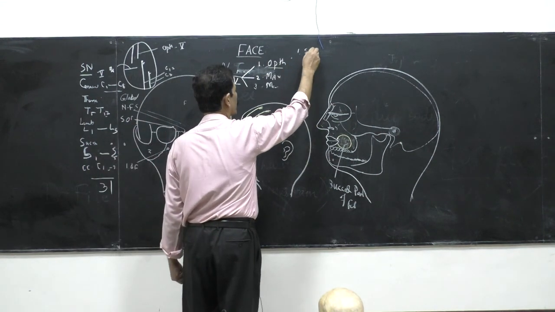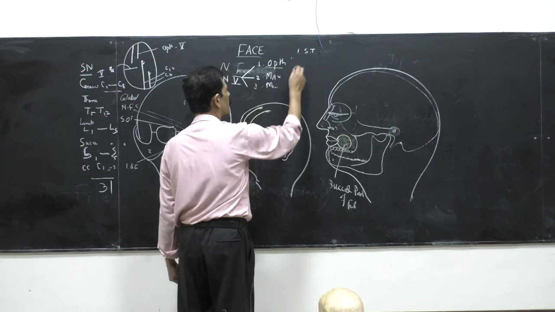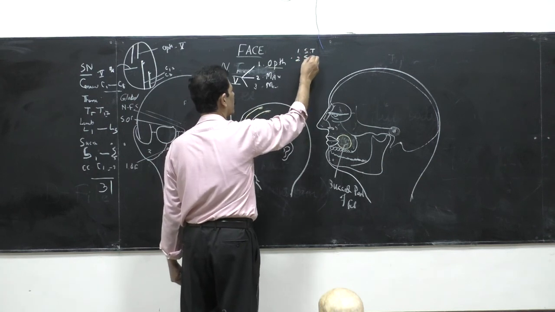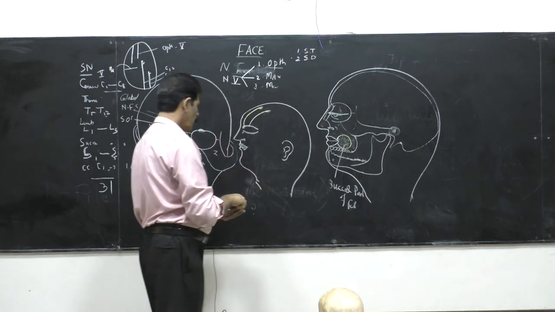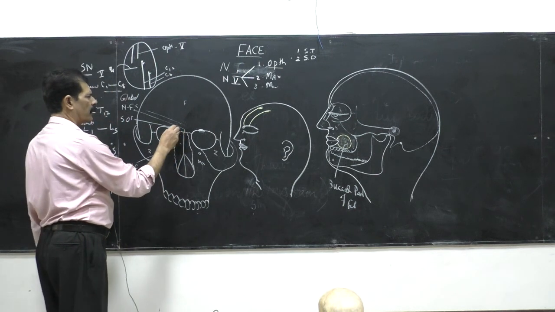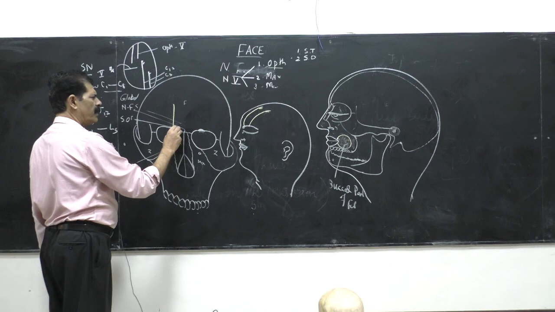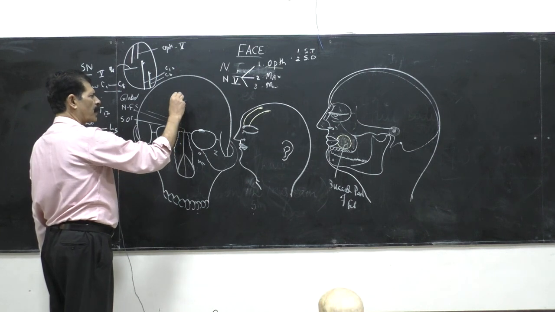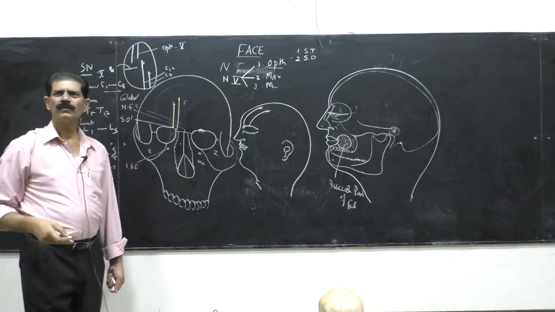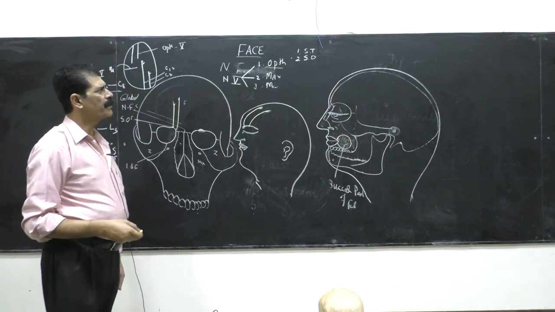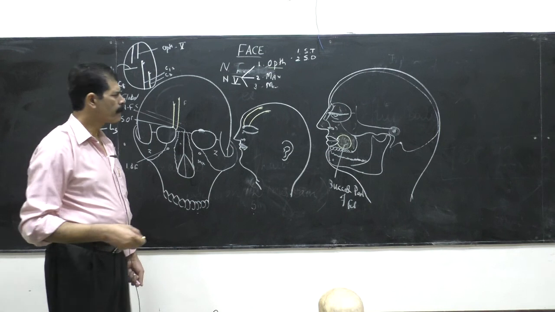Number 1, supratrochlear is always medial, and supraorbital is lateral. Supraorbital arises from the supraorbital notch, and medial to this is the supratrochlear. So it supplies the scalp plus the face. Both are branches of the ophthalmic division.